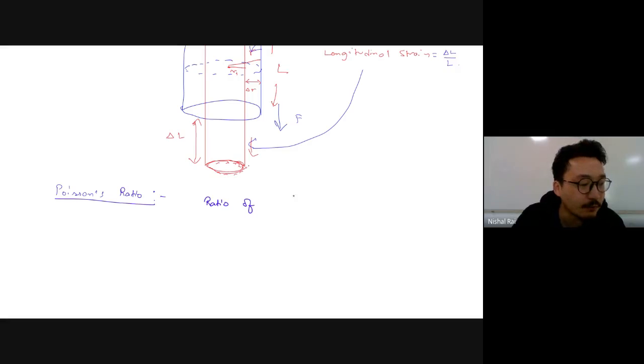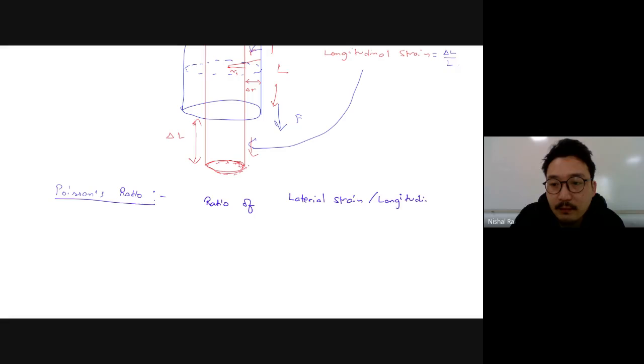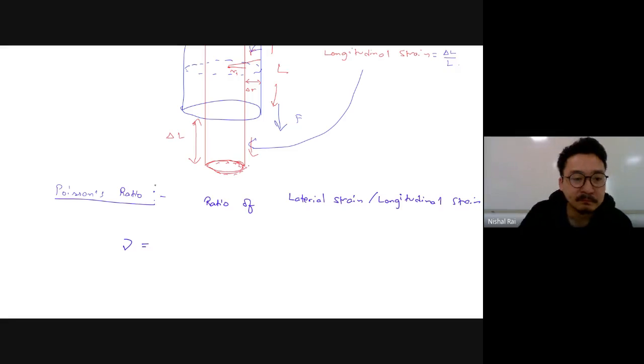Defined as a ratio of lateral strain by longitudinal strain. Basically, your Poisson's ratio is given by nu. So this is how you write nu, okay? It's similar to v. I think you have seen this in frequency also, where we usually use it.